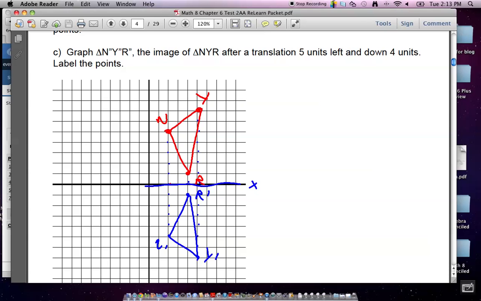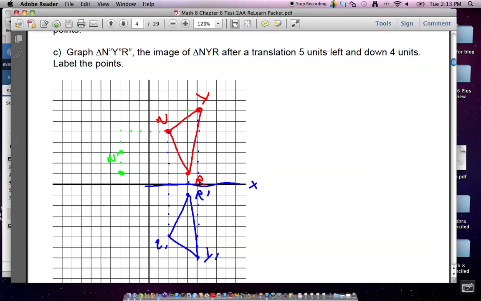That's what I want. And then part C says, graph N double prime, Y double prime, R double prime, the image of the original one, NYR, after a translation, which is a slide, 5 units left and 4 down. So I'm going to go 5 left, 1, 2, 3, 4, 5, 1, 2, 3, 4. This would be N double prime.